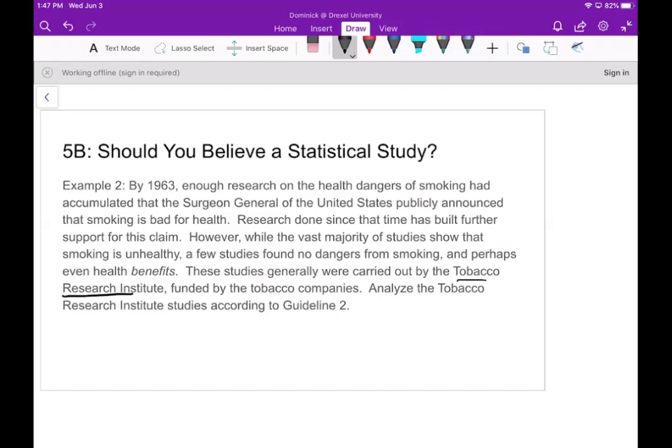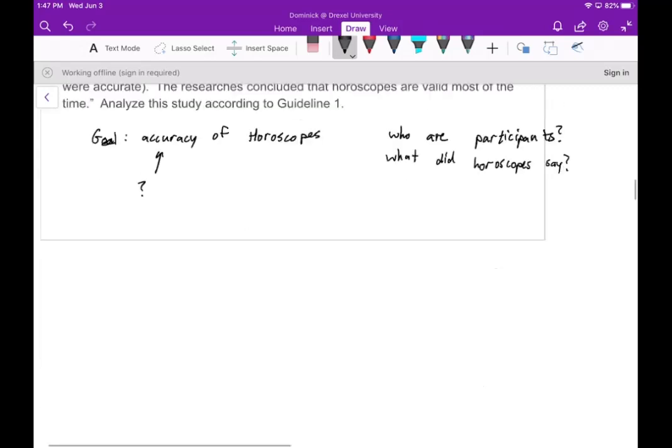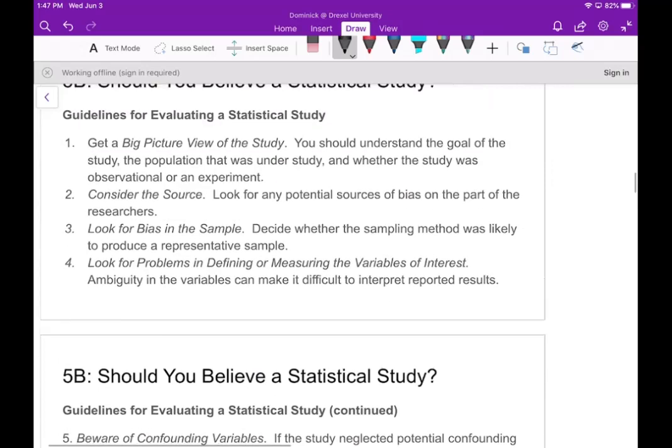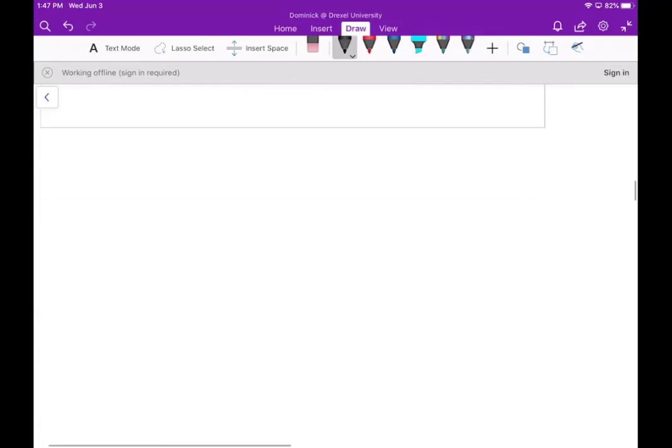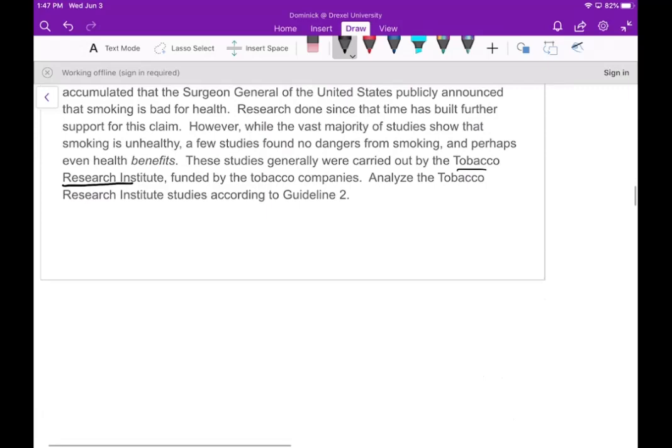So analyze the Tobacco Research Institute studies according to Guideline 2. Now, Guideline 2 is to consider the source, right? Now, of course, the Tobacco Research Institute would want to make smoking seem great.